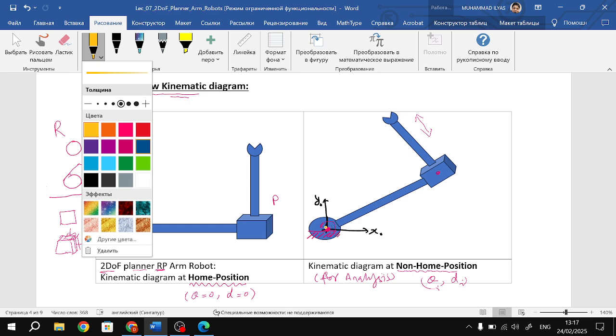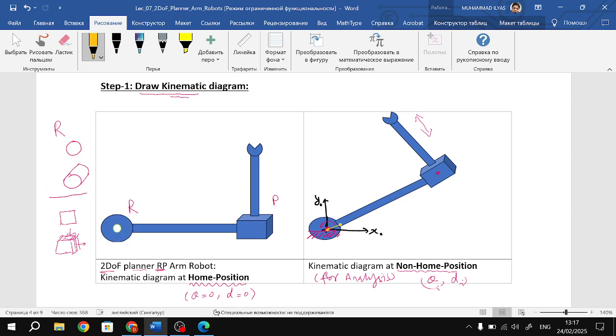X0, Y0 will not move, right? But we also attach the first frame to our first joint, that is X1, Y1. So this X1, Y1 is a coordinate frame which is attached to joint 1, which is a revolute joint, right? And similarly, to the second joint.